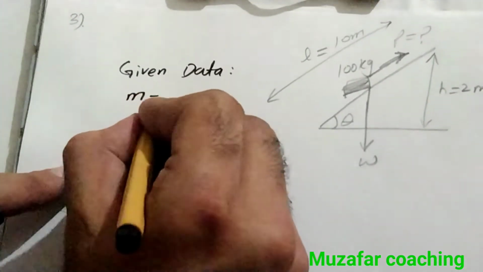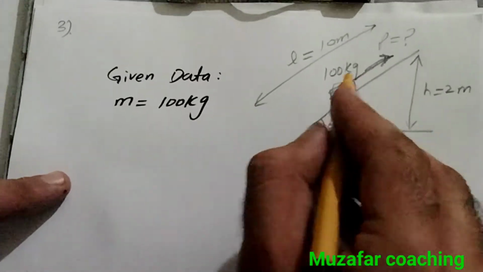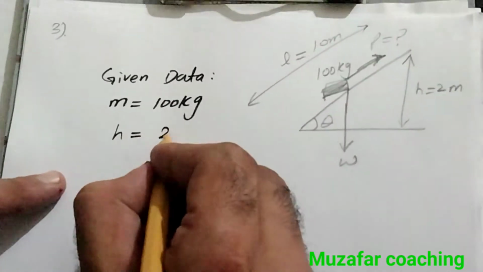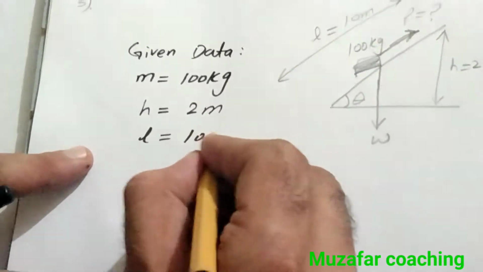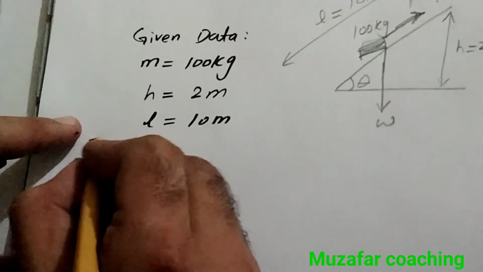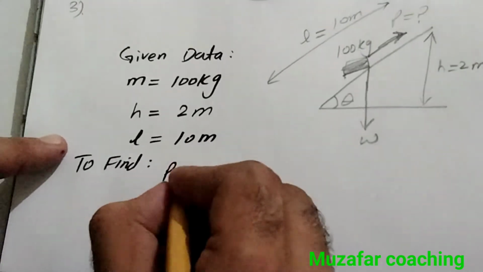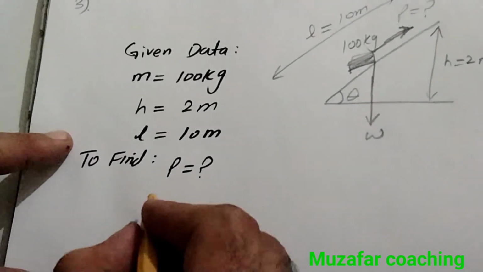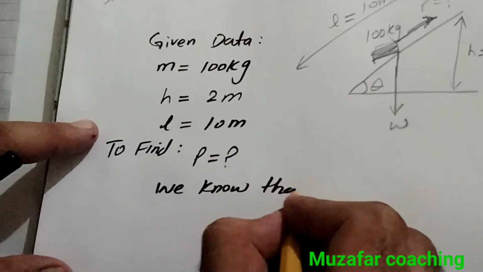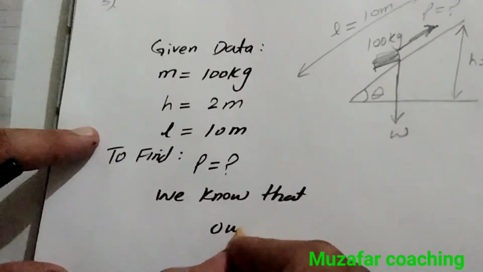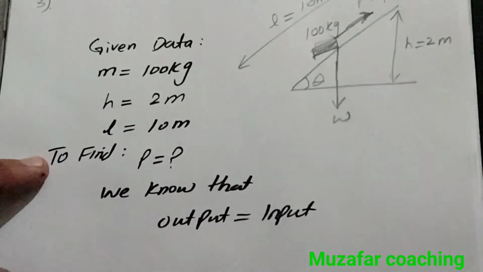We are given mass, denoted by m, 100 kg, height, that is 2 meter, and length, that is 10 meter, and we are supposed to find effort, denoted by P. Now we know that for an ideal machine, output is equal to input.